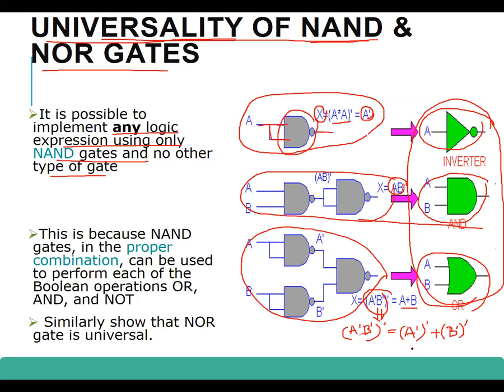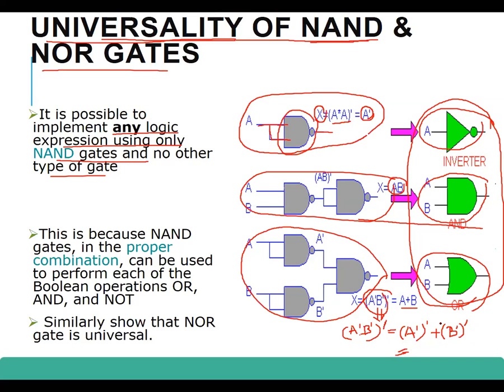This is according to De Morgan's theorem. If it's AND, you can write it as an OR where the terms are complemented. Okay, so that's De Morgan's theorem.